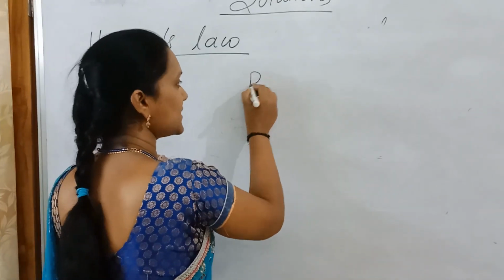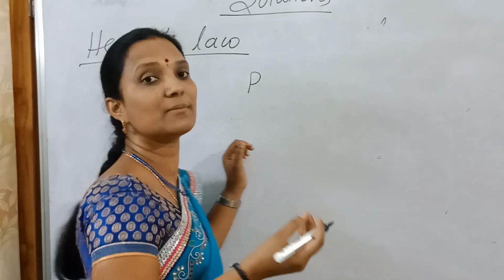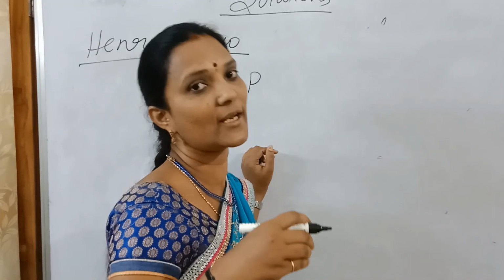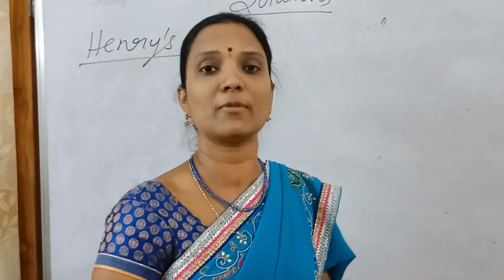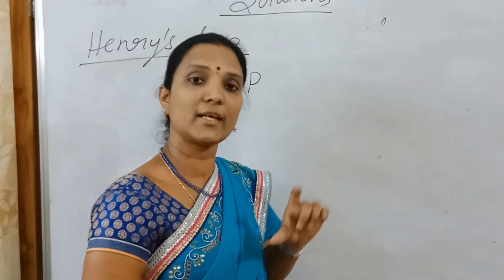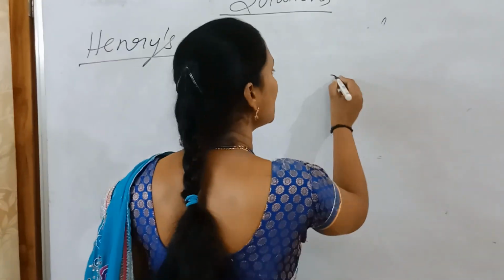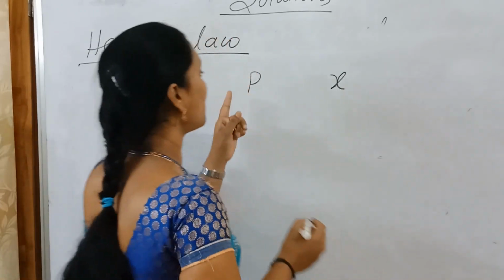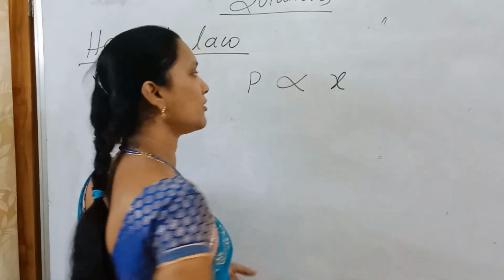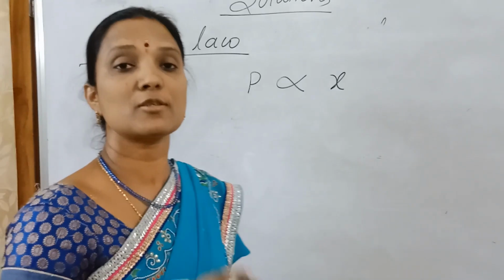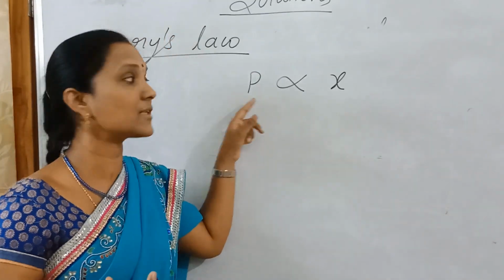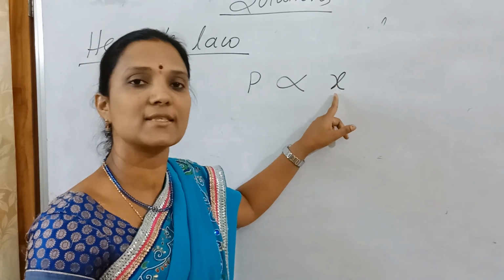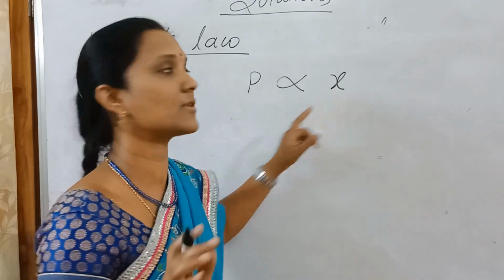If you are increasing pressure, the solubility of gas, nothing but the amount of gas dissolved in a given amount of solution, the number of moles of gas dissolved in total number of moles of solution, we are taking the mole ratio, that is the mole fraction. So the pressure is directly proportional to mole fraction. It is Henry's expression. So the solubility of gas in liquid is directly proportional to pressure. As the pressure increases, solubility of gas in liquid also increases at constant temperature.